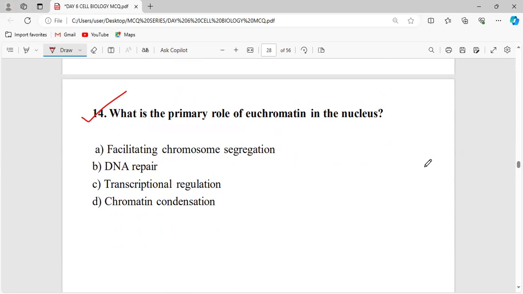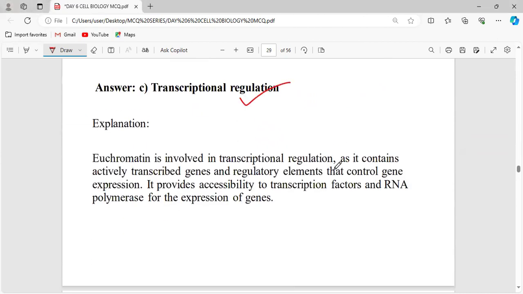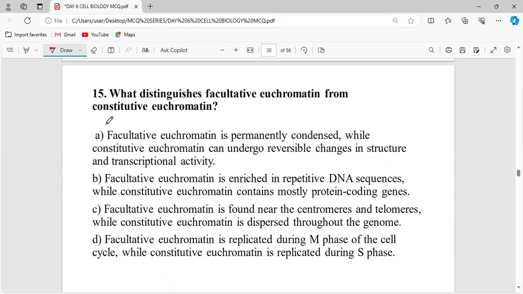Facilitating chromosome segregation, DNA repair, transcriptional regulation, chromatin condensation. Okay, and transcriptional regulation will be the correct answer. I hope I don't need to explain much.